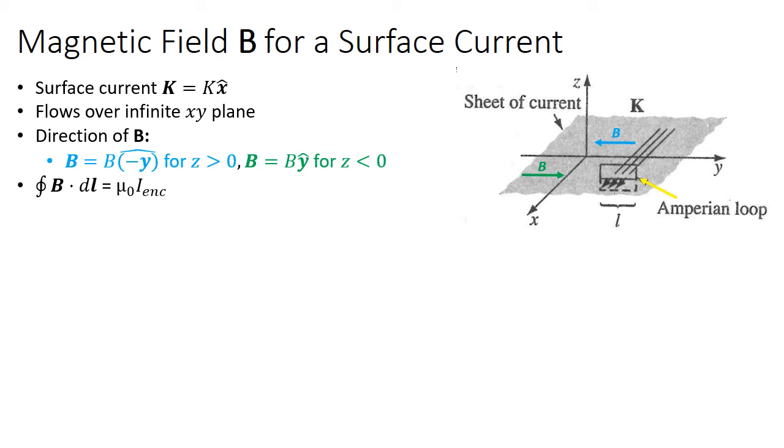We're going to use Ampere's law now to determine what the magnetic field actually is. So in the Amperian loop, we're going to move in a counterclockwise direction. The first segment we'll consider is the bottom one, which is marked in red, followed by the right side of the loop.